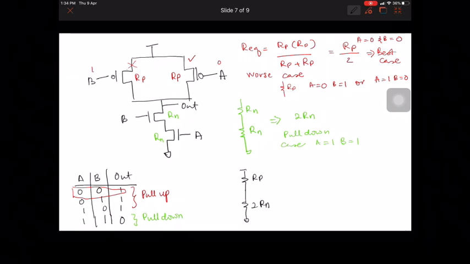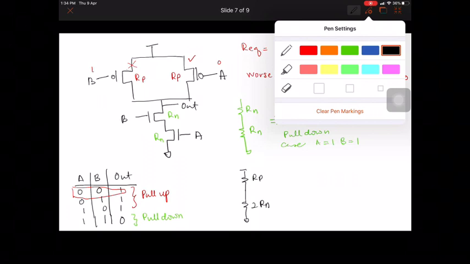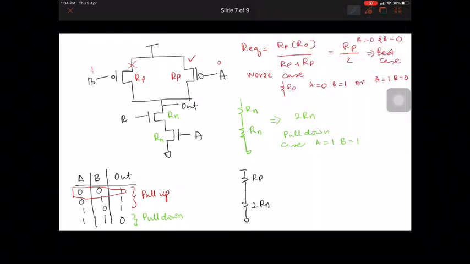So now comes the difficult part. What should be the size of the transistors? So now let's say W over L for NMOS equals 3 over 0.6.